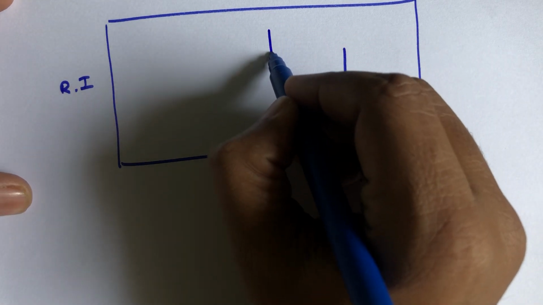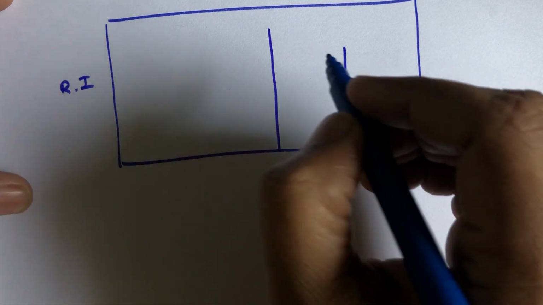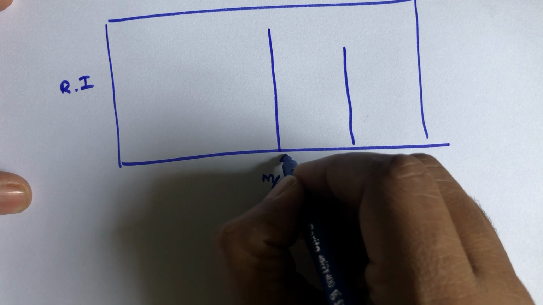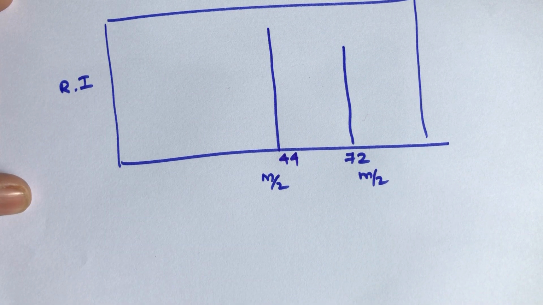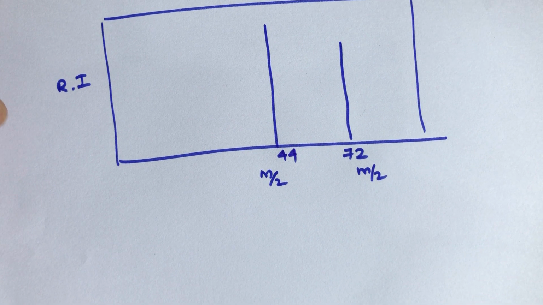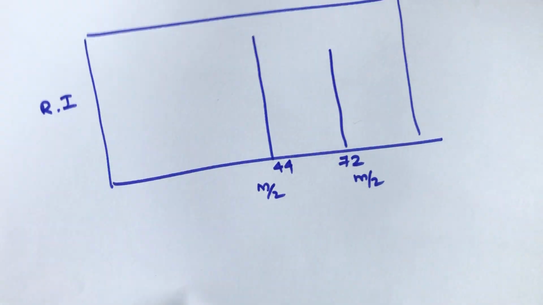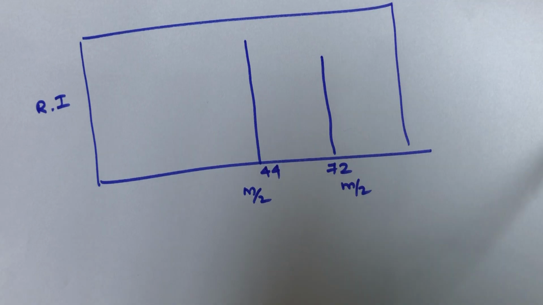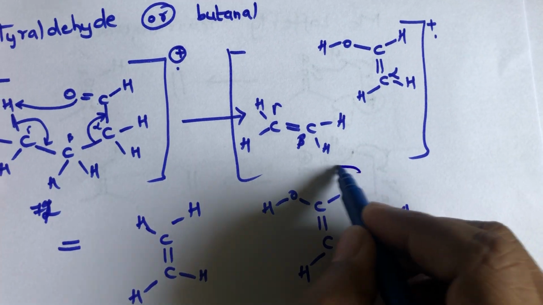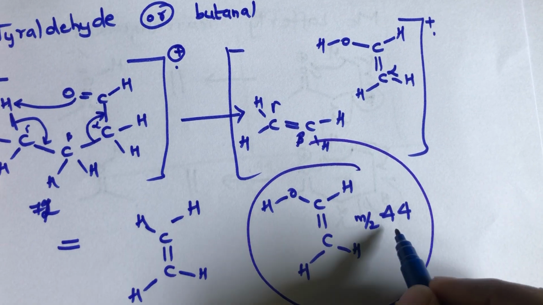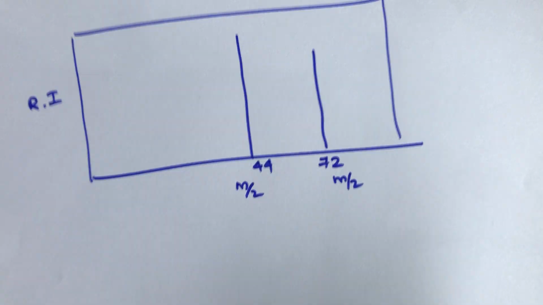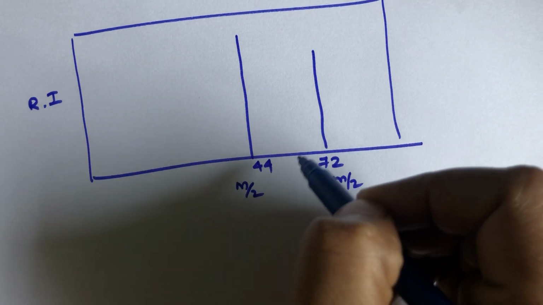Then you get a base peak at 44. This is due to the McLafferty rearrangement. Because of this rearrangement, this molecule is formed, which has an m/z value of 44. So we are going to get a peak at 44.